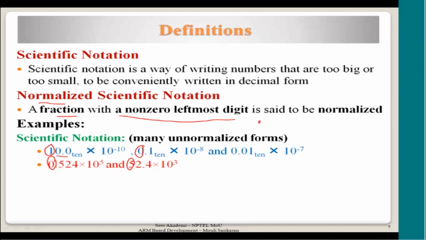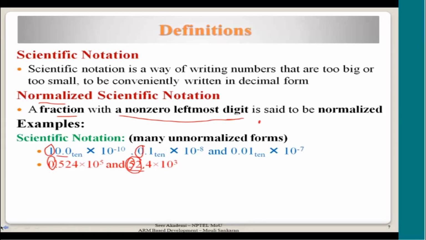But here, after the decimal point, I have a non-zero decimal digit, but I don't have a digit to the left. See, it says leftmost digit. I have non-zero leftmost digits.